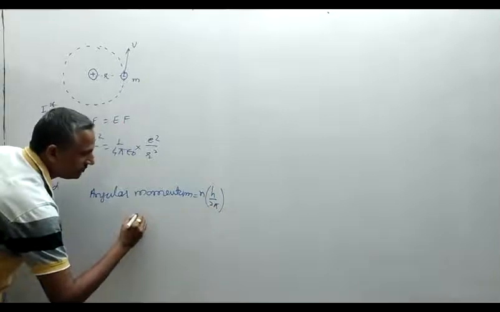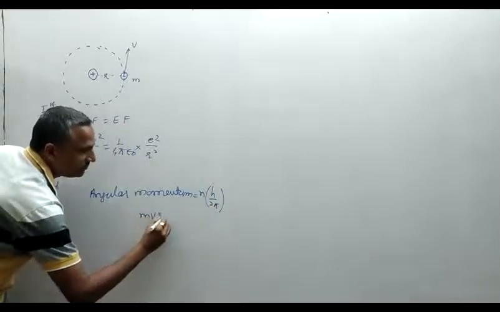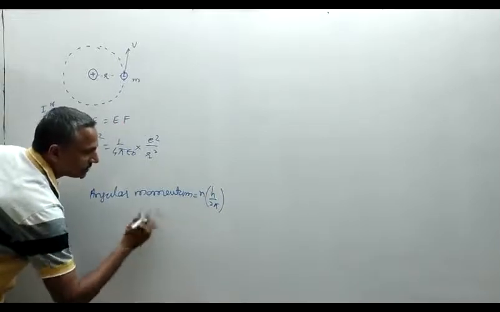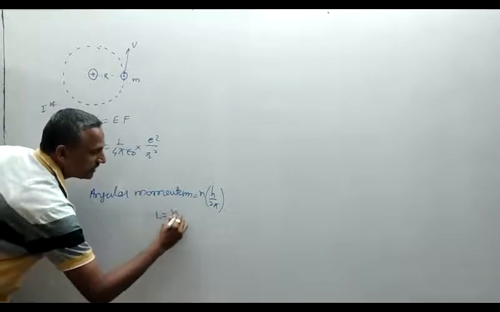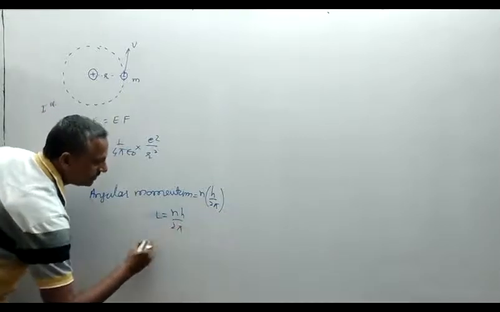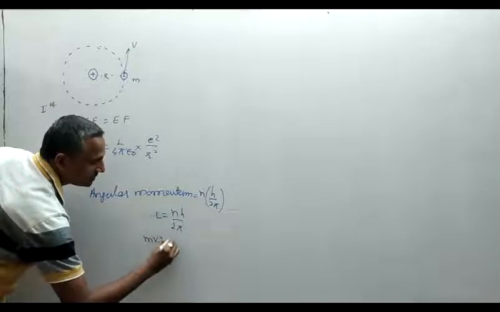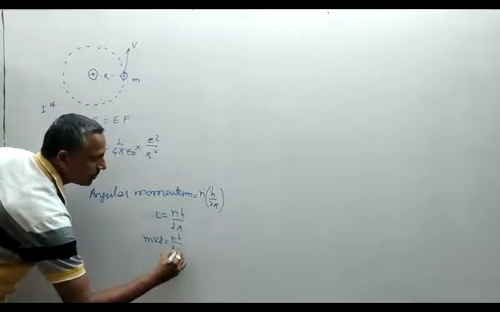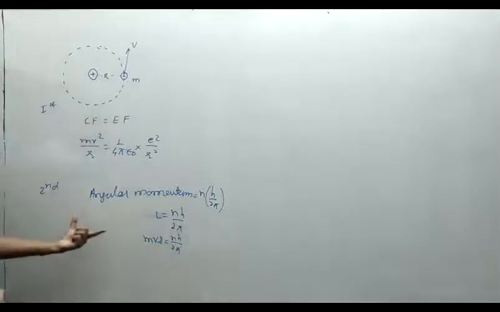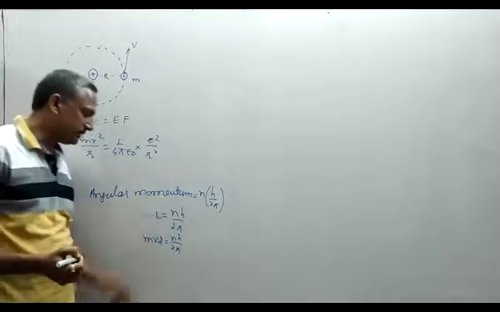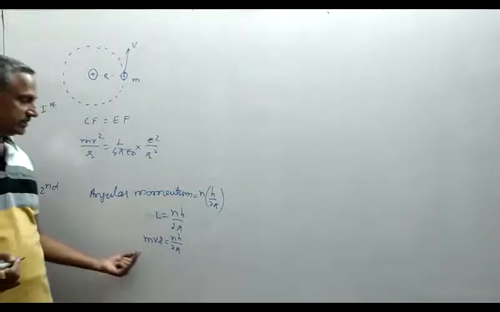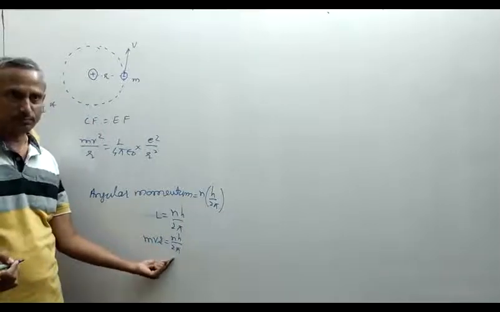We know the formula for angular momentum, L is equal to nh upon 2 pi, and therefore mvr is equal to nh upon 2 pi. So this is according to the second postulate. Here angular momentum is represented by nh upon 2 pi.